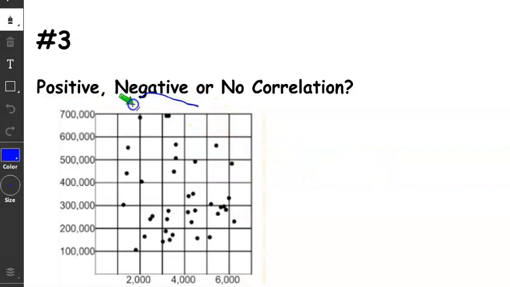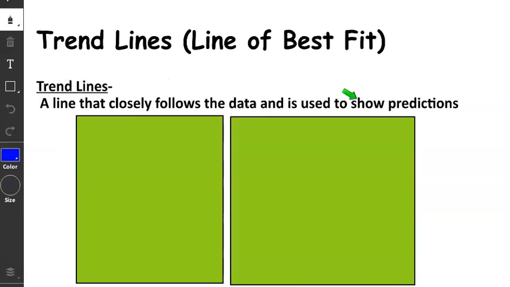I'm going to put a circle around and see if my circle is going up and to the right, down to the right, or all over the place. This one, there is no correlation. The grams of fat does not affect the number of calories. For example, well, we don't want 100,000 calories. So whatever the situation was, there's no correlation because the dots are all over the place.